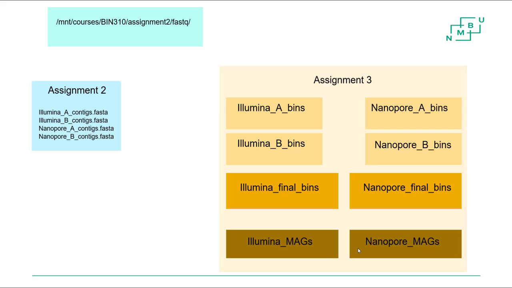Some of you will have few MAGs and some more, and then you will have to do the conclusion based on what you get here. Did the Illumina or the Nanopore result in very different MAGs and different number of MAGs and so on? But that I leave to you to do now.